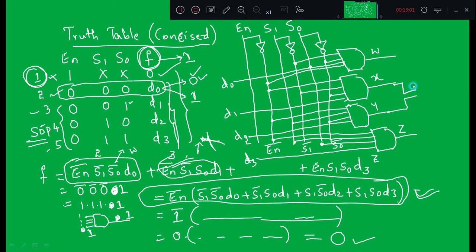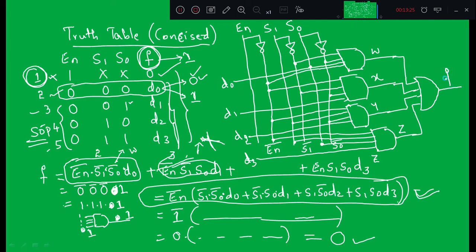So all these W, X, Y, Z are taken, and they are connected, because I have implemented the dot operators which are there between these terms. Now I need the plus operation. The plus operation we can get using a logical OR gate, right?